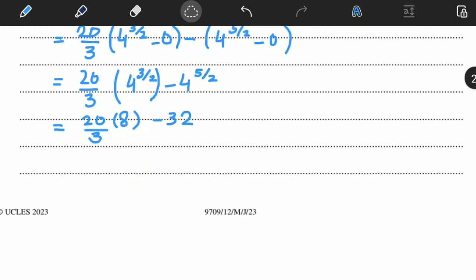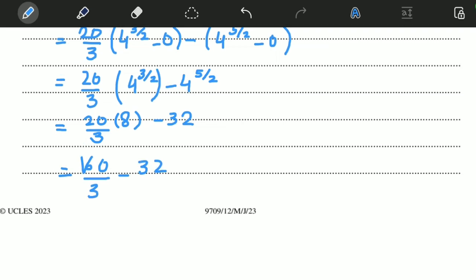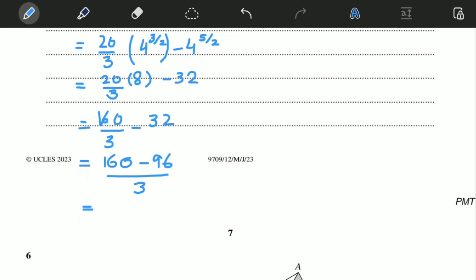Okay, so this will give you 160 by 3 minus 32. It will be 160 minus 96 by 3, and that will give you 64 by 3.